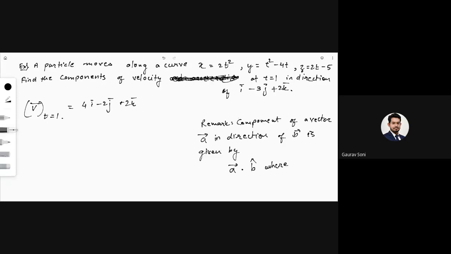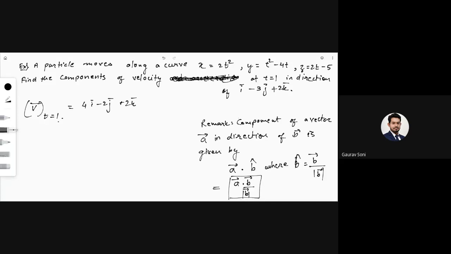Unit vector in direction of B. So B cap will be given by B bar upon modulus of B bar. So that is A bar dot B bar upon modulus of B bar. So this is how you get the component of one vector in direction of other.